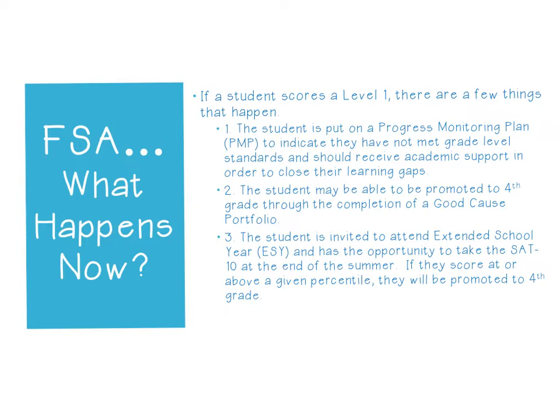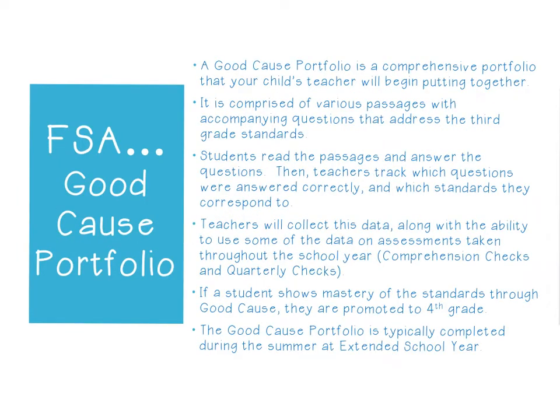I'll talk a little bit more about this on another slide. The student also would get invited to attend extended school year or summer school over the summer, and then they'd have the ability to take the SAT 10, and if they score in a certain percentile on that, then they would be promoted to 4th grade.